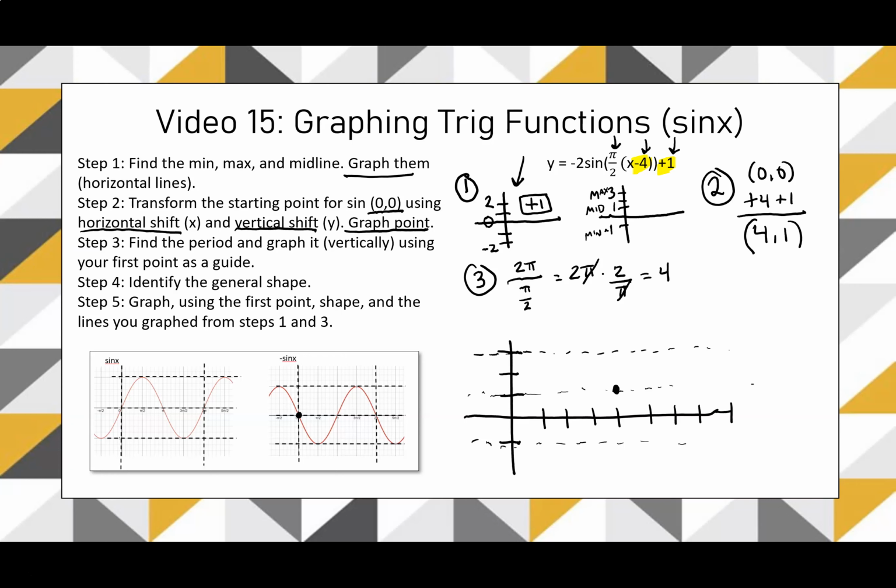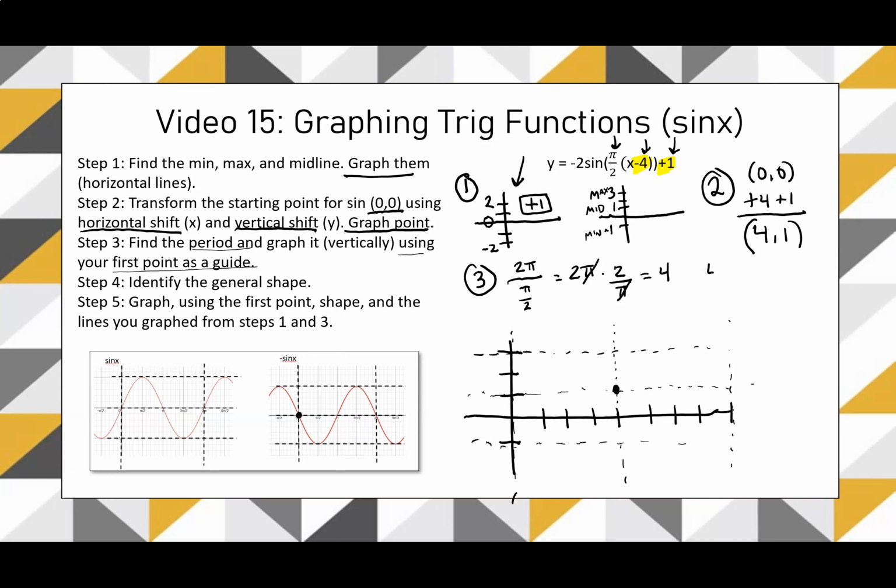Okay, so we need to make sure we graph the period, but use the first point as a guide. So if this is my first point, my period starts at my first point right there, and then I'm going to count 4: 1, 2, 3, 4. And I'm going to have another vertical line go straight through. Okay, and I'm actually going to subtract 4 as well: 1, 2, 3, 4. I believe that's also right there. All right, so there we go.